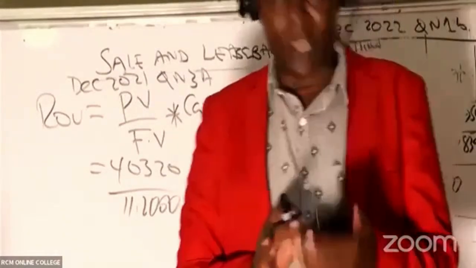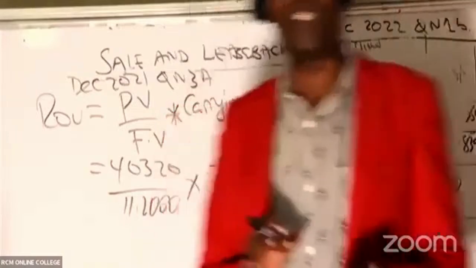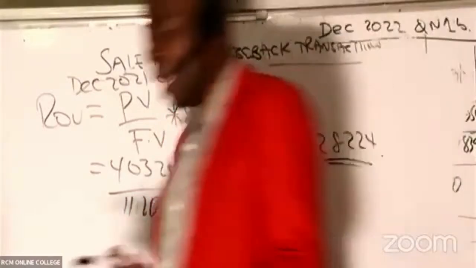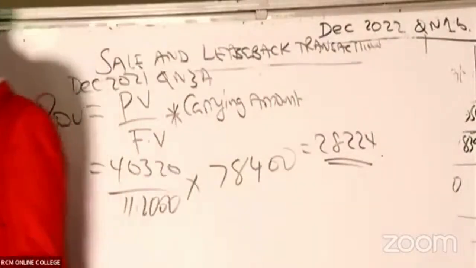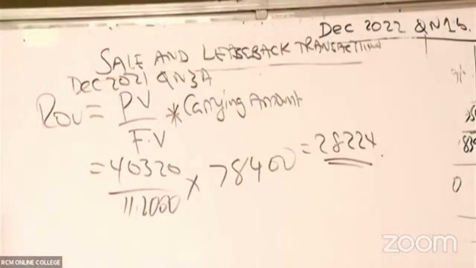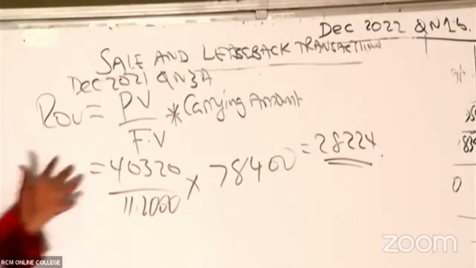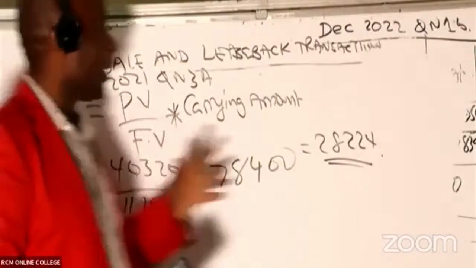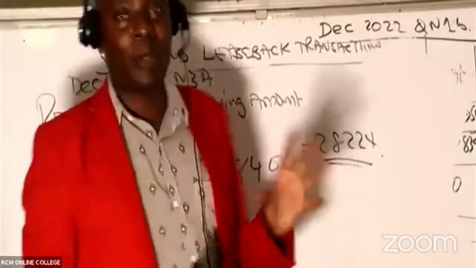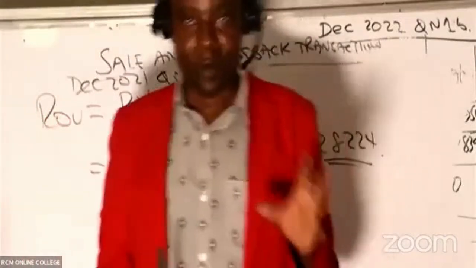Now, ladies and gentlemen, from there, what do you think will be the next thing to be done? Now you've been able to get the right of use. There is a student who will always think that this formula will be applicable throughout, the one of getting right of use.